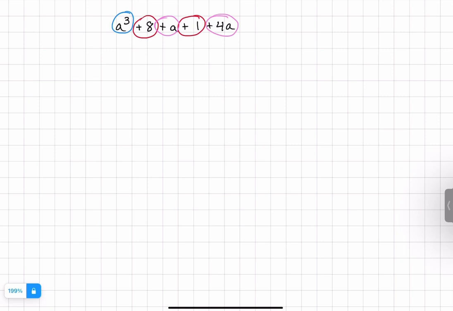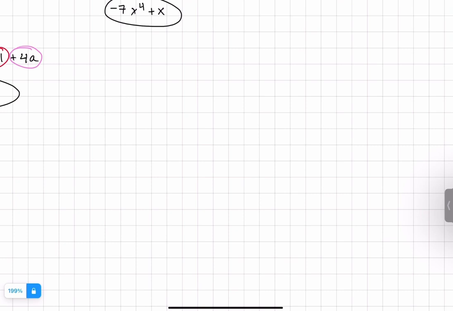All right, so a cubed, raised to the third power, is the highest power in this trinomial. Plus, raised to 1 power, 1 plus 4 is 5, so plus 5a, and then 8 plus 1 is 9. So this is our final answer.